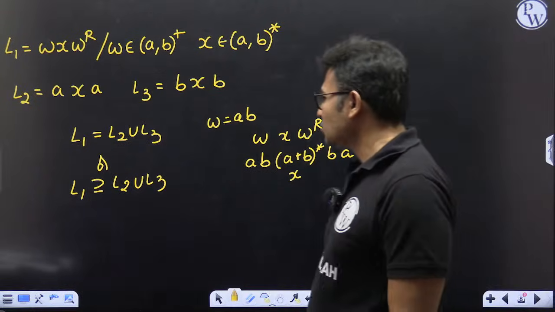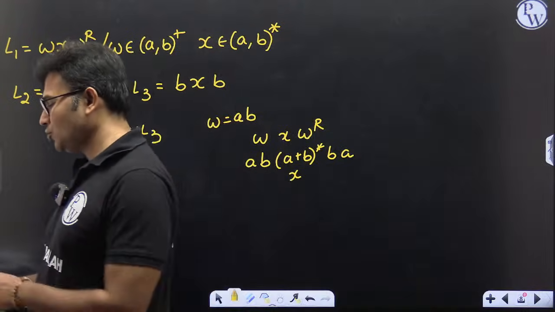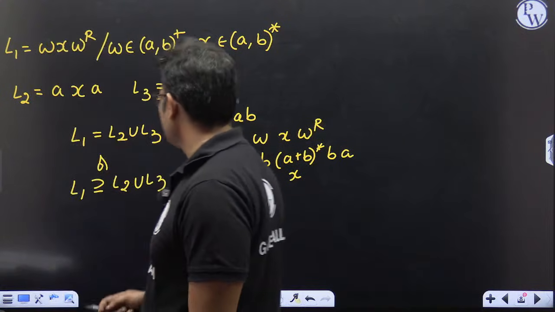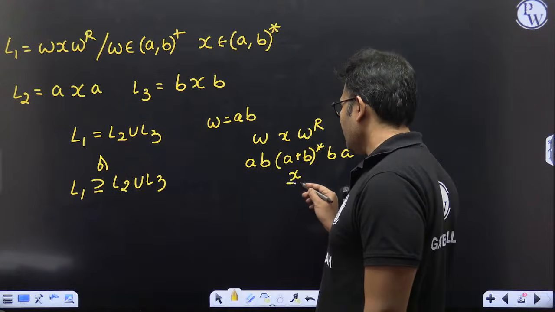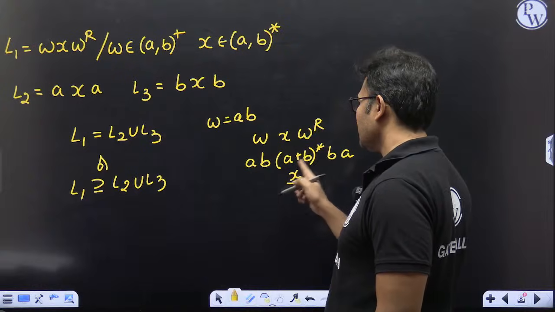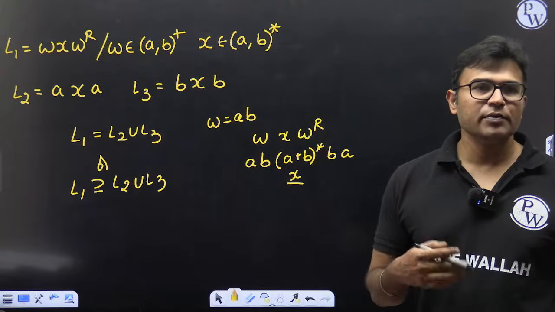We know that this X is (a plus b) star, so X can be anything.